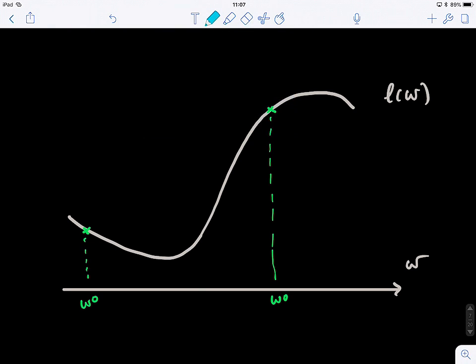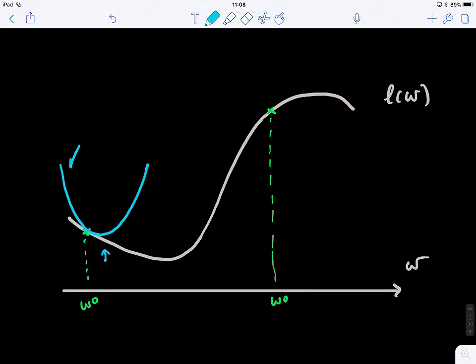So we're fitting a curve, quadratically approximating the curvature. Since this is convex, it has a positive curvature, so the approximation should also have a positive curvature, right? So it faces upward.